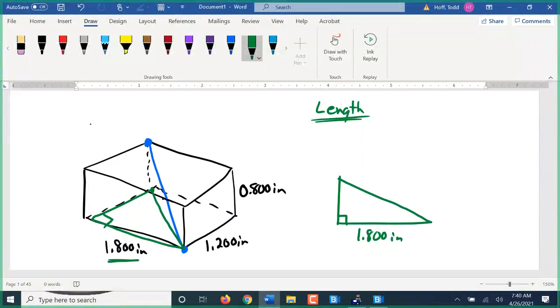This side's the 1.8 inches from here, and this side's the 1.2 inches from here. How would I find the length of this opposite side, this hypotenuse? Got it. A squared plus b squared is c squared.